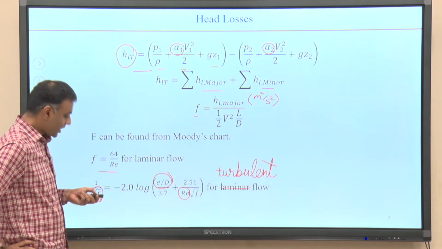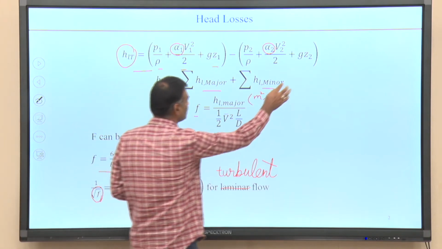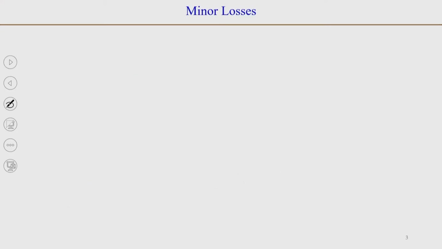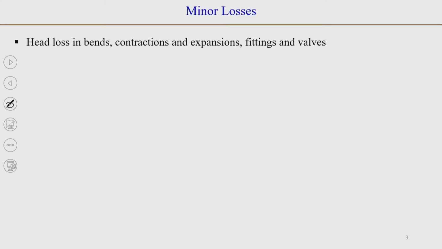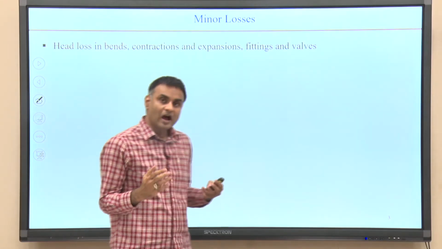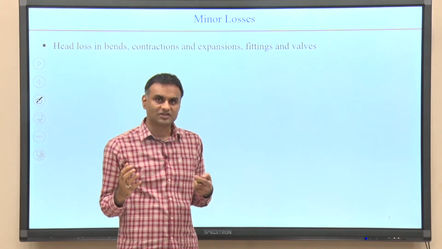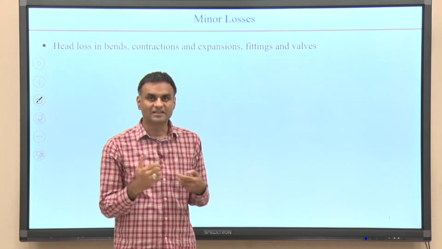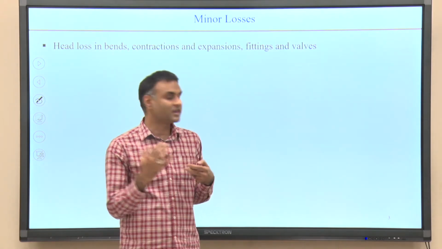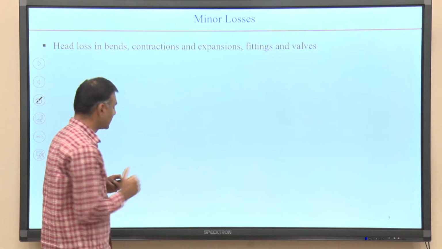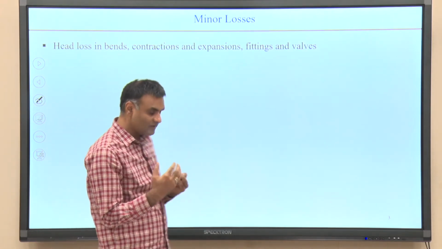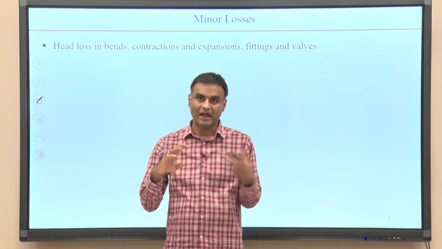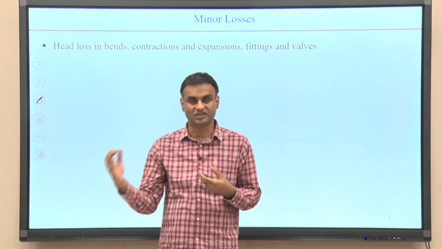Okay. So, now we will try to focus on minor losses. As we said yesterday, apart from the frictional losses in the fully developed flow in the pipe, anything else that we have can be brought under minor losses. In a piping network you will of course have inlets and exits.